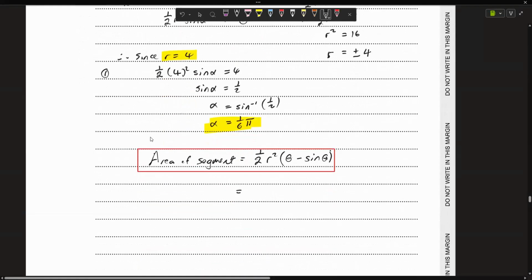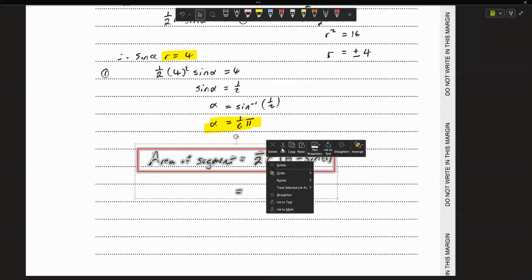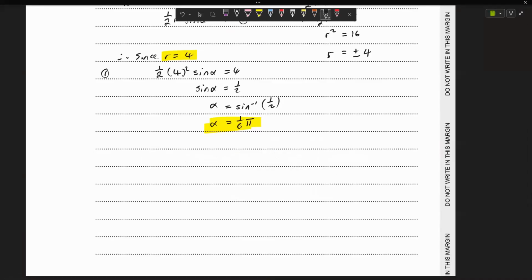So I'm not going to use this formula. I'm just going to say area of segment is equal to area of sector minus the area of the triangle. This is the most convenient way to do it.